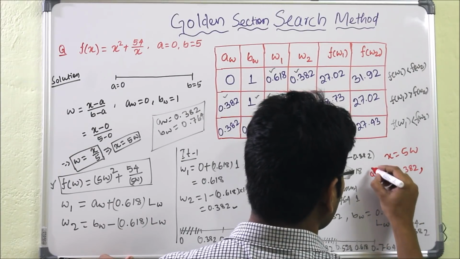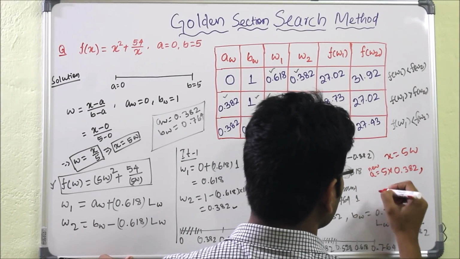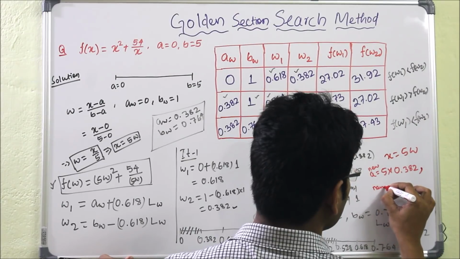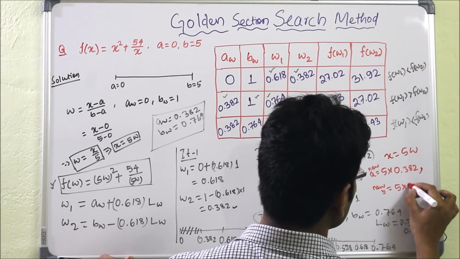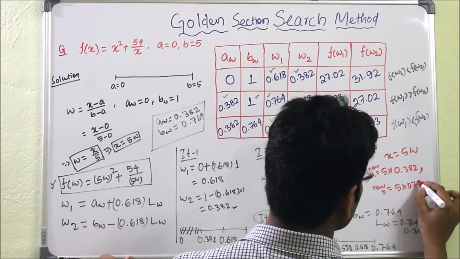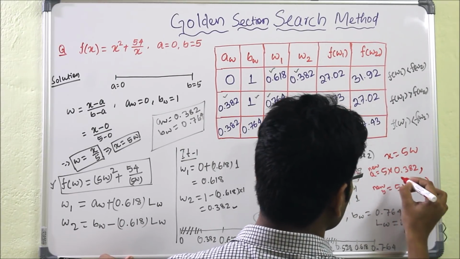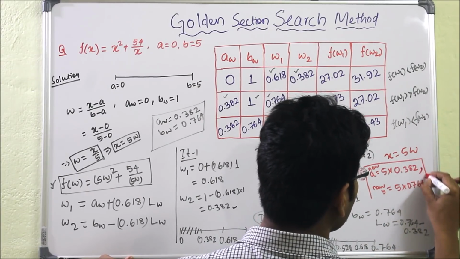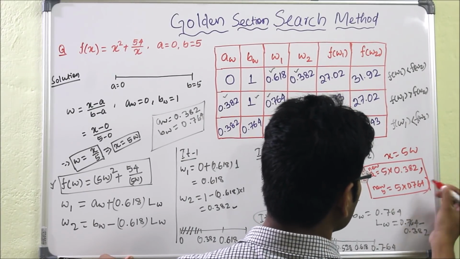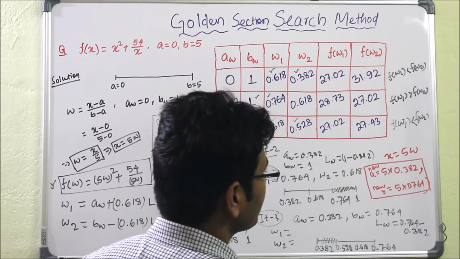The new b will be 5 into 0.764. So this is our new a and b, or this is our desired value.